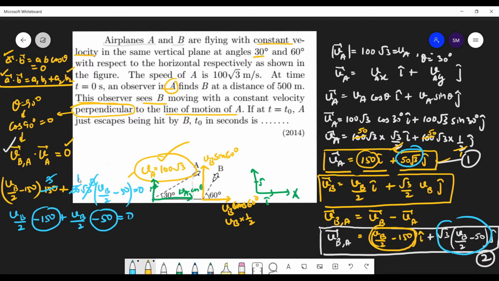So what's the value of VB? Our calculations, I think they are okay.